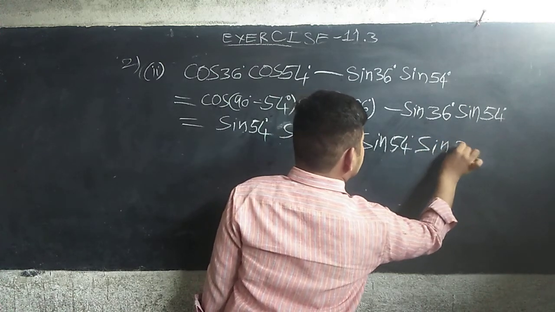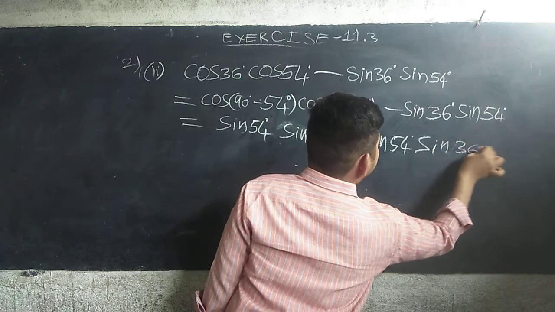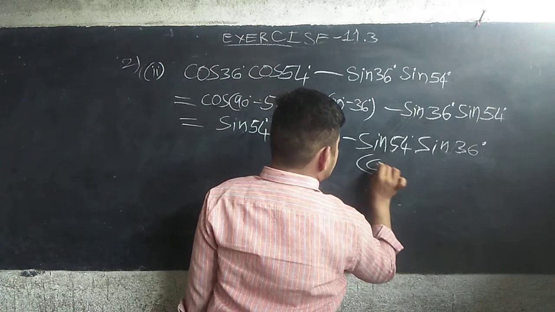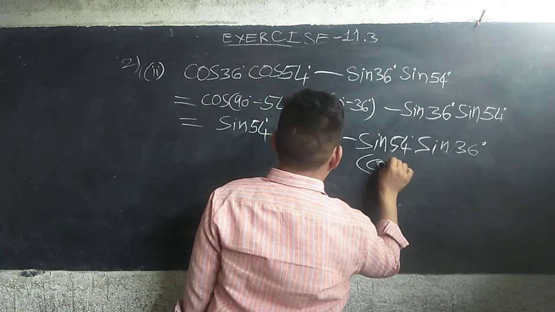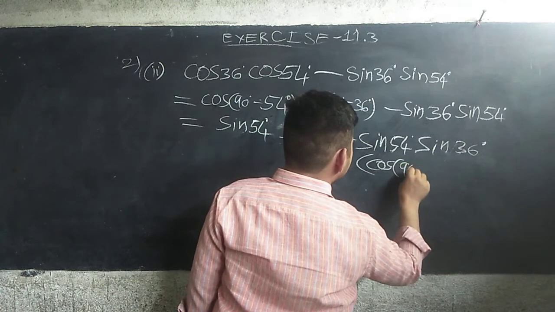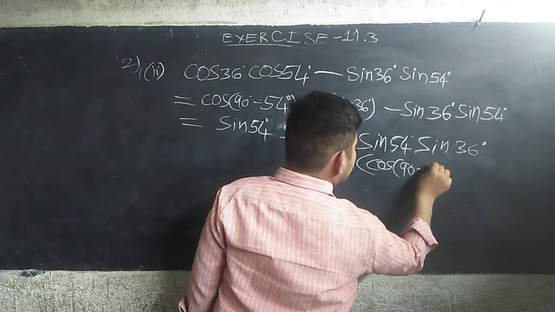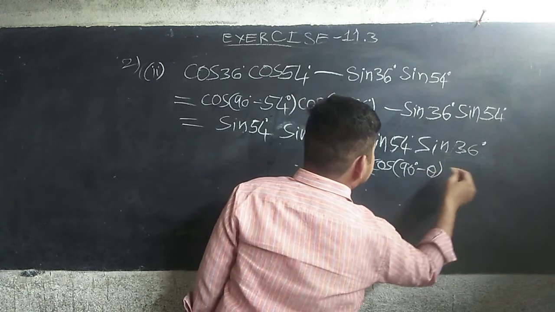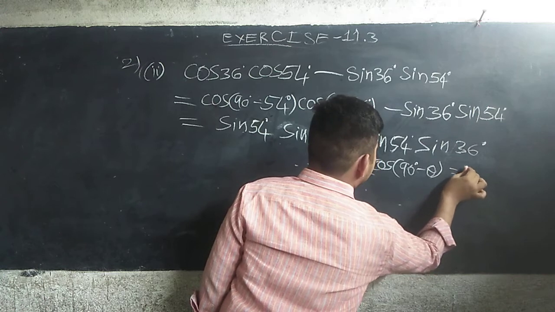Here we have to write the formula: cos 90 degrees minus theta equal to sin theta.